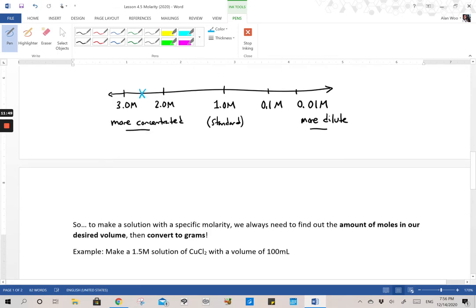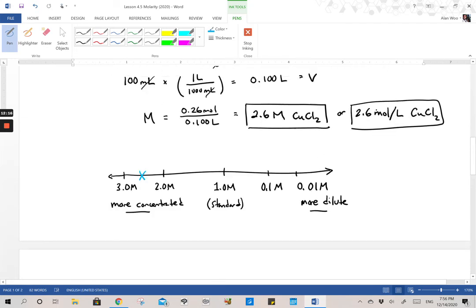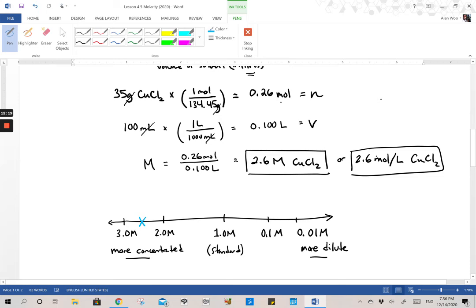So we can use the same idea that we just learned. If we wanted to make a solution with a specific molarity, we always need to calculate the amount of moles that are given in your desired volume. Once you have moles, convert to grams. So we're kind of doing things backwards now. In the previous example, you had a certain amount of solute, and we had to find the concentration.